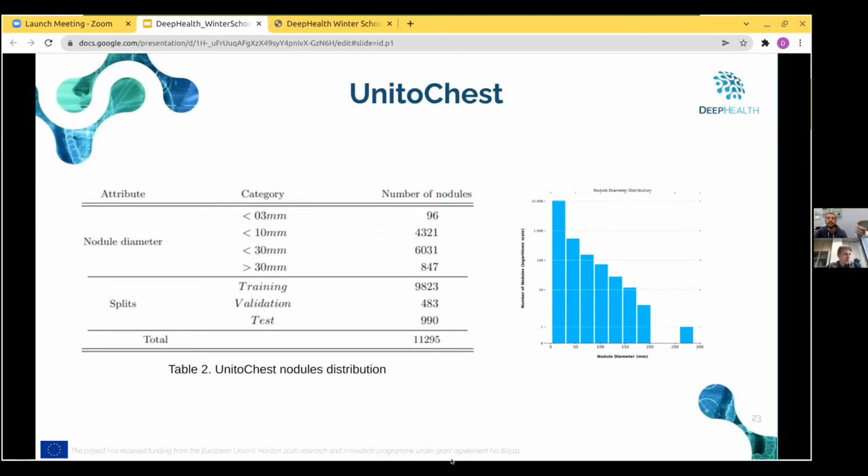The dataset is already divided into 3 splits: training, validation, and test, in order to make the comparison of different algorithms and studies more and more practical. The subsets have been created in such a way that all the scans for a single patient belong to only one and the same split.